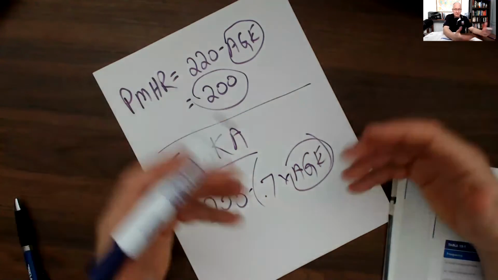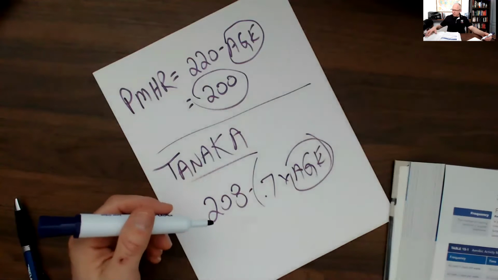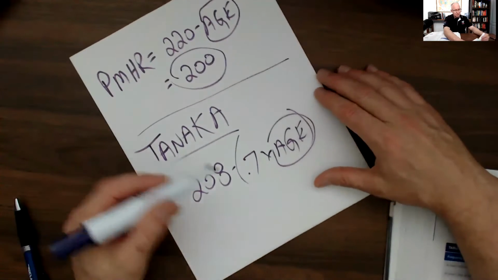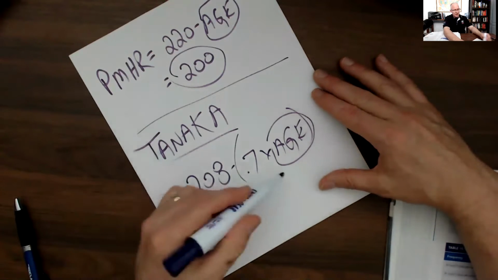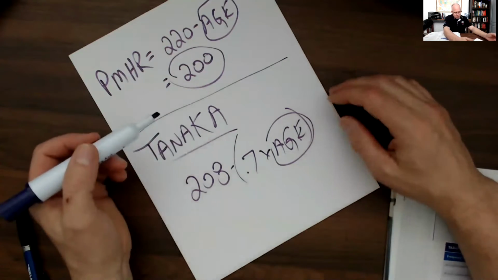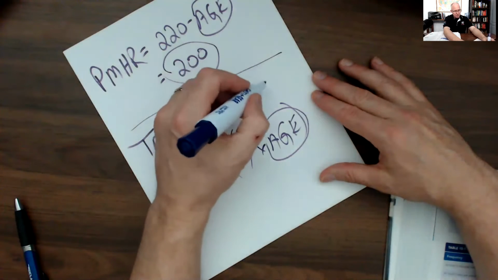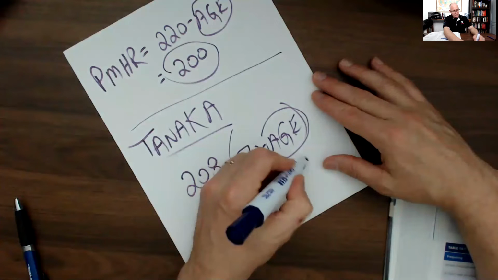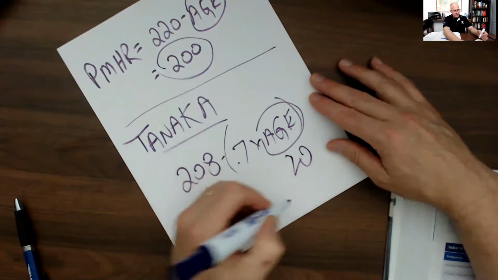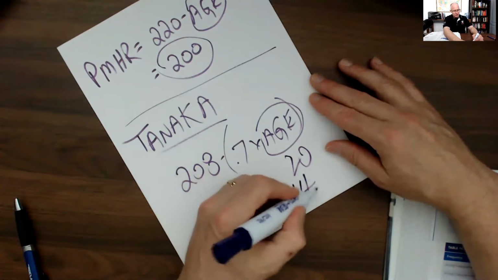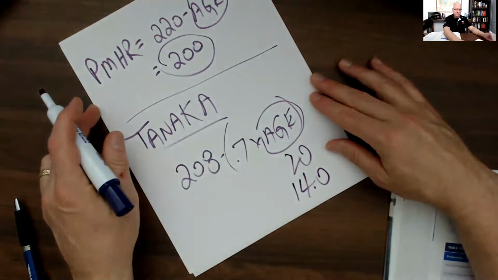How much of a difference that is, it's not relevant. So the Tanaka Formula, which you have here on page 489, is really very simple. Again, if I'm 20 years old, 0.7 times 20 is going to give me 14.